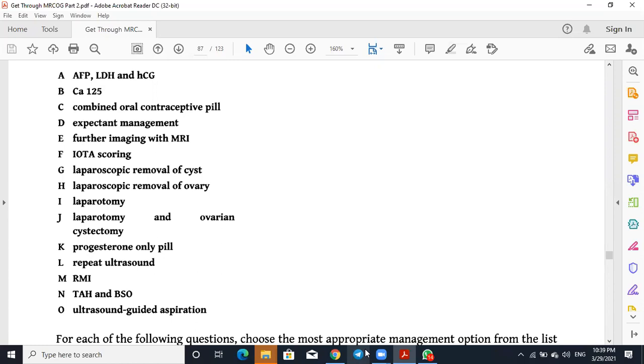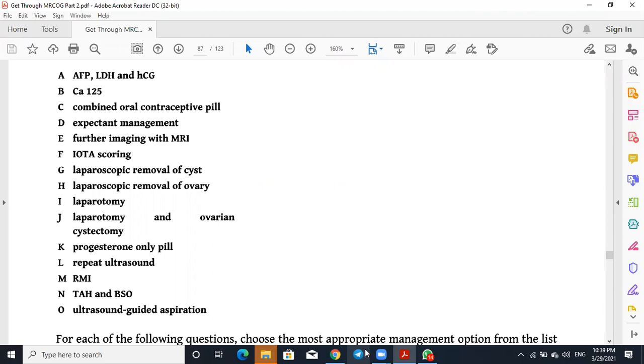So what will you select, H, laparoscopic removal of ovary? For me, I will do this, but the key is going for G, laparoscopic removal of cyst. But no, we don't do cystectomy at this stage.